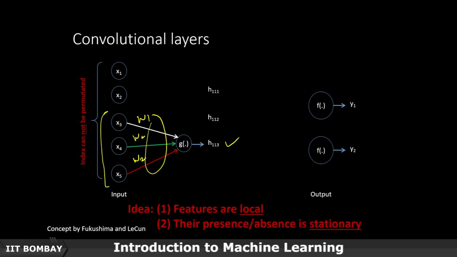So this works when your features are local, and their presence or absence is stationary. If you take many images, the probability of finding a vertical edge at a given location is the same. It's not like only the left side of the image will have vertical edges and the right side will not. That can happen in things like X-ray images.